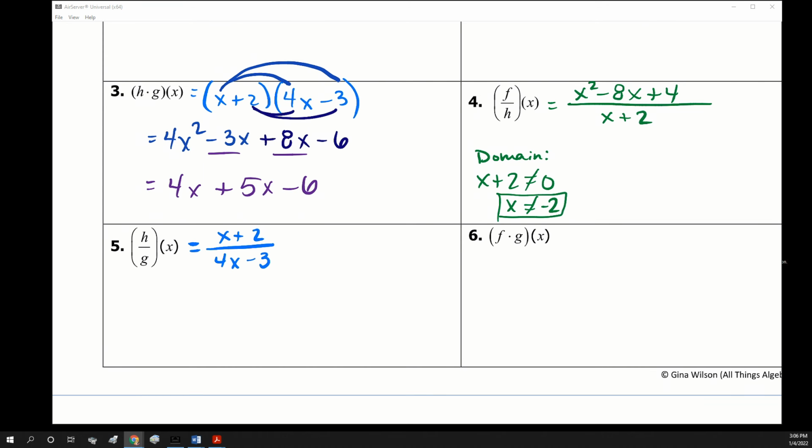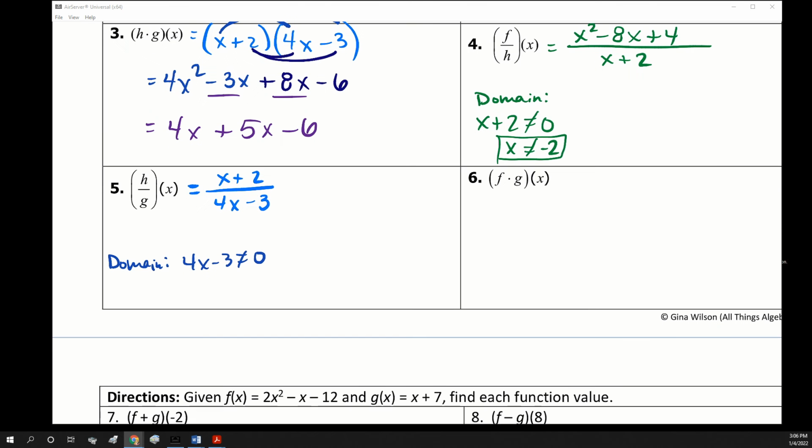So don't forget about your domain. So that denominator, 4x minus 3, cannot be 0. So I would solve it by adding 3 and then dividing by 4. So x cannot be 3/4 should be your domain.